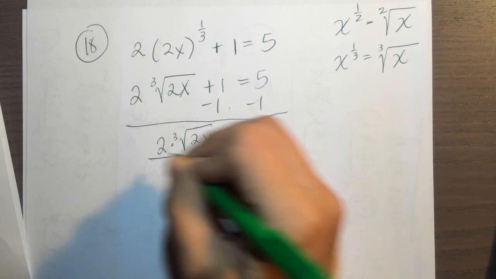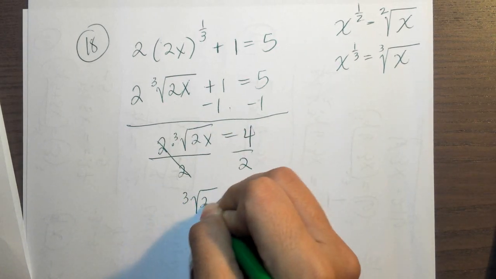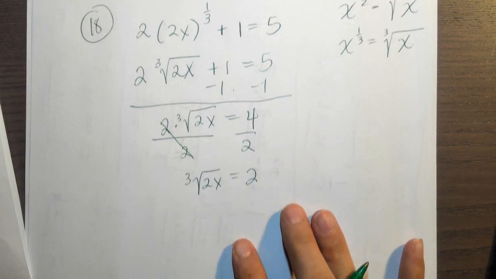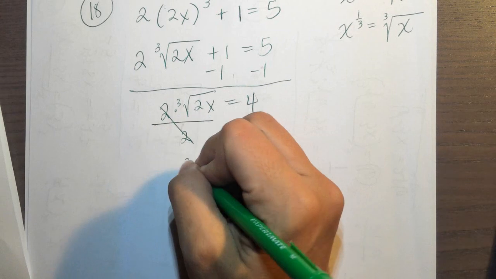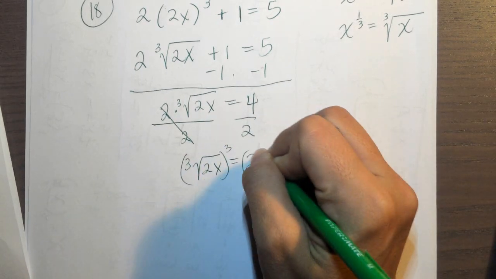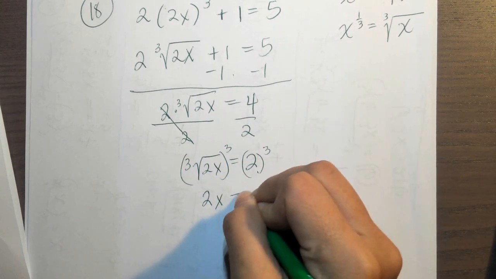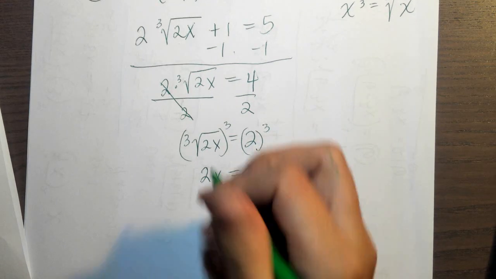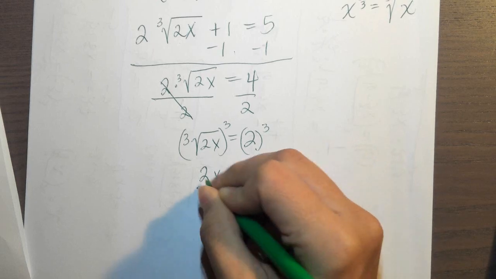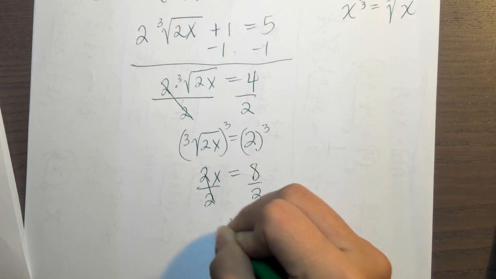Divide both sides by 2. So I have the cube root of 2x equals 2. And then to get rid of a cube root, I'm going to cube both sides. So I have 2x equals 2 cubed is 8. And last but not least, I'm going to divide both sides by 2, so x equals 4.